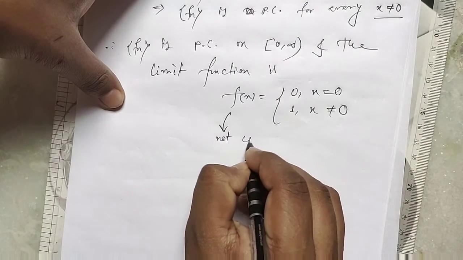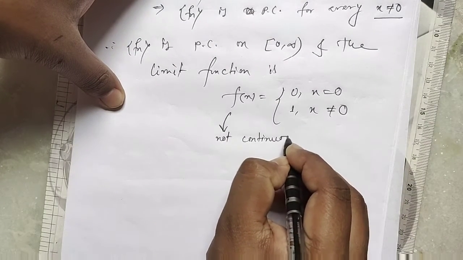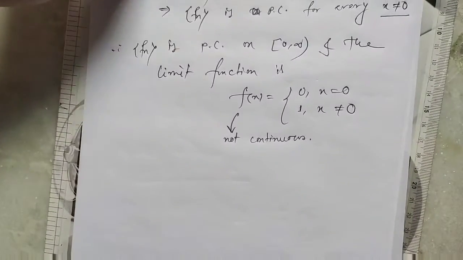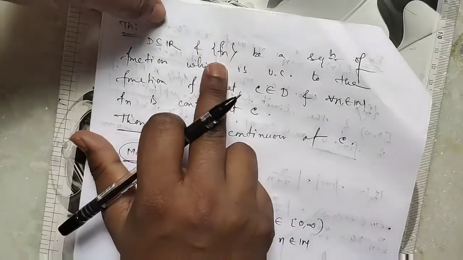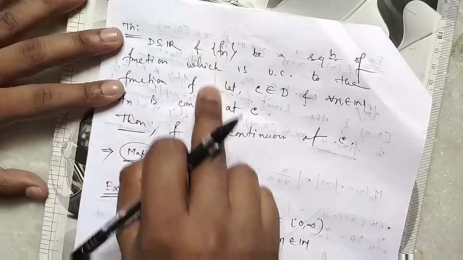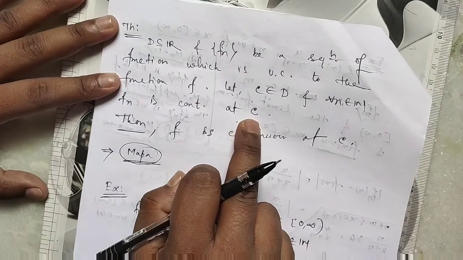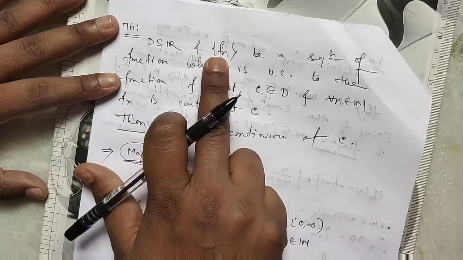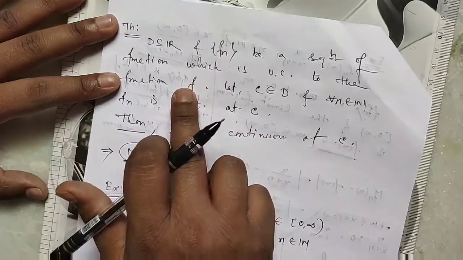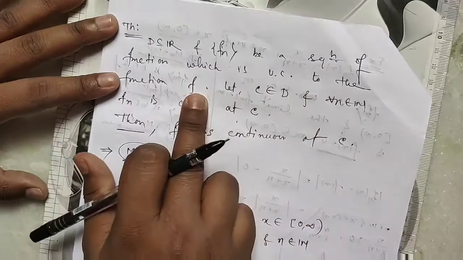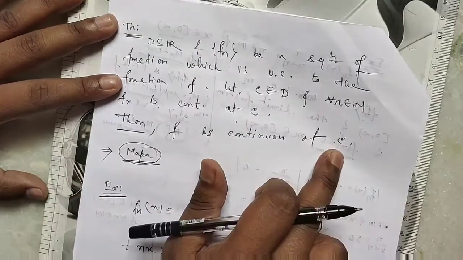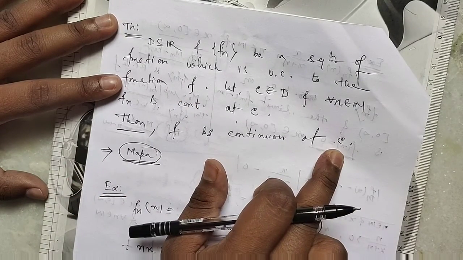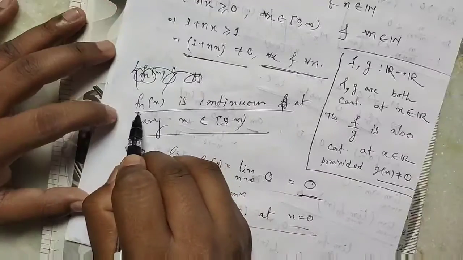So this limit function is not continuous. This theorem says that if each f_n is continuous at c, and f_n converges uniformly to f, then the limit function must be continuous at c. Clear?